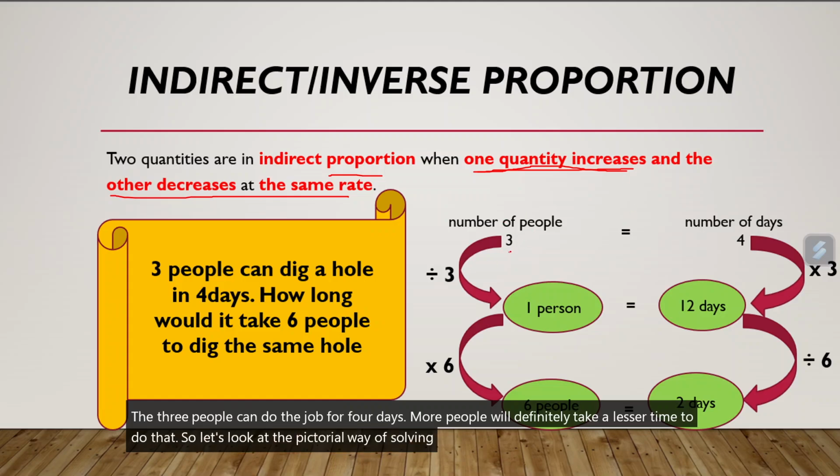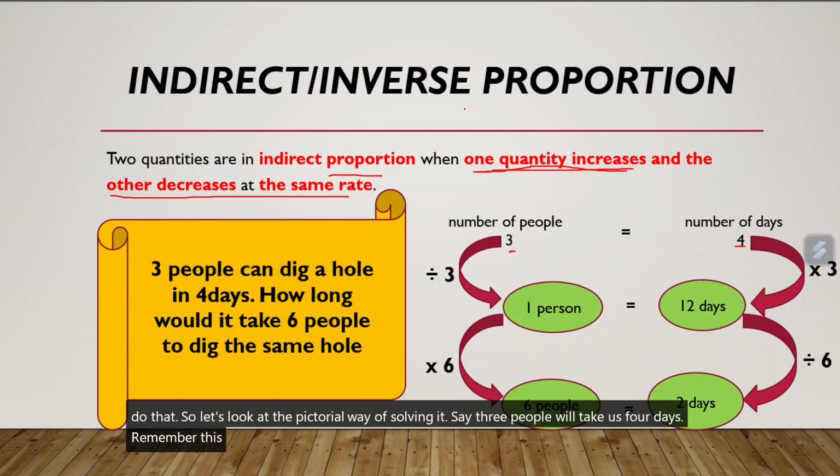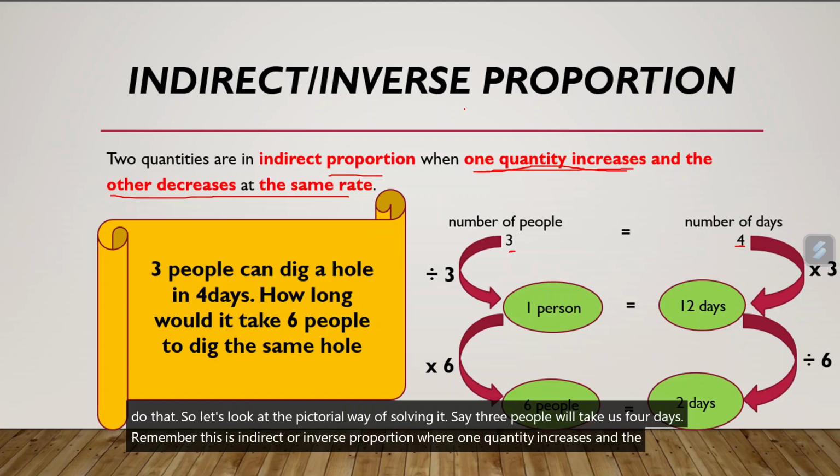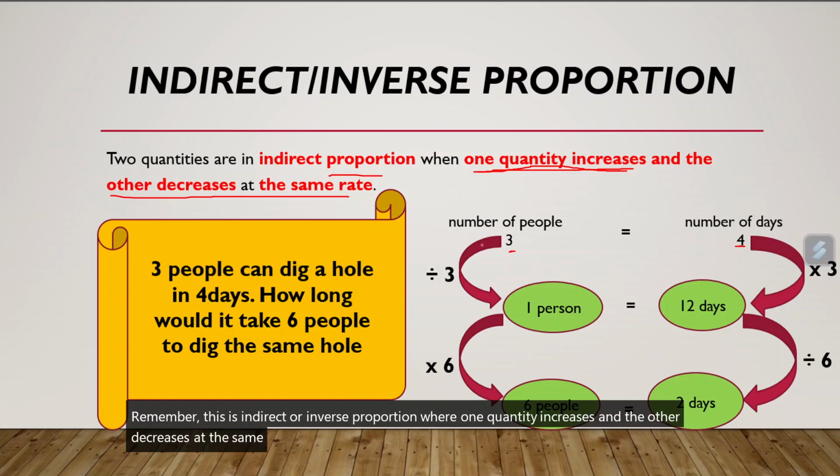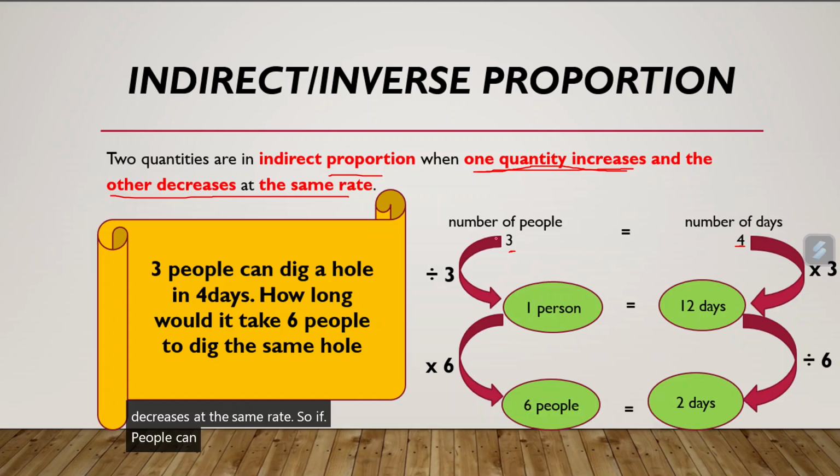Say 3 people will take 4 days. Remember, this is indirect or inverse proportion, where one quantity increases and the other decreases at the same rate. So if 3 people can do a job in 4 days, we need to know how long it will take one person to do that.